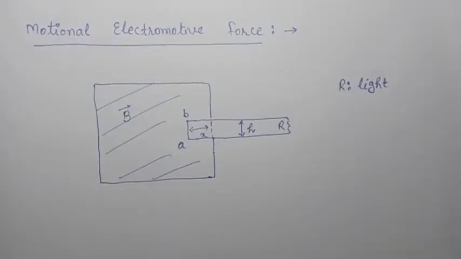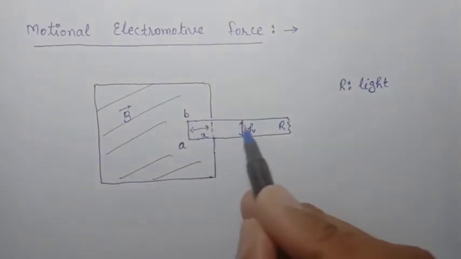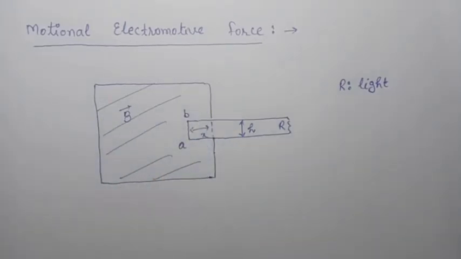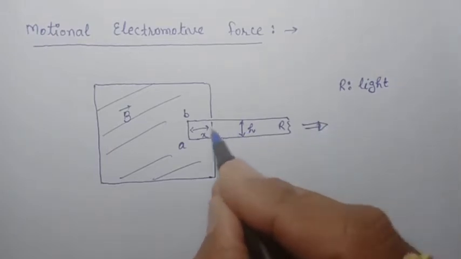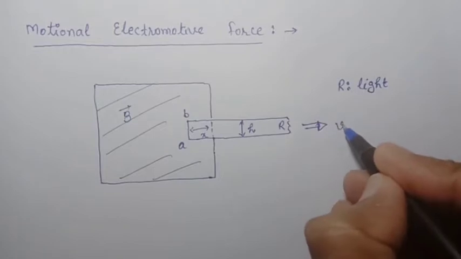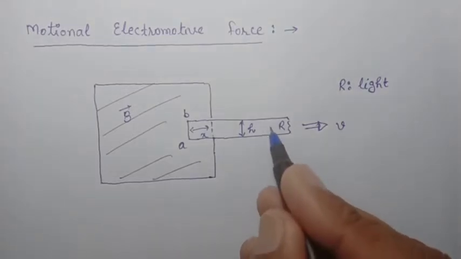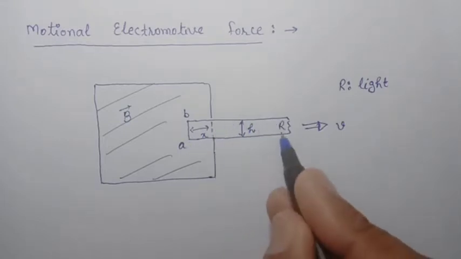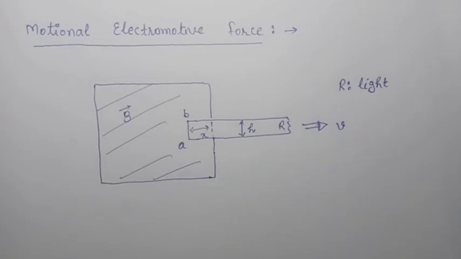So in this case we have a rectangular loop and a uniform magnetic field. When we pull out this rectangular loop with the velocity v, then current flows in this loop, and the direction of the current is clockwise.